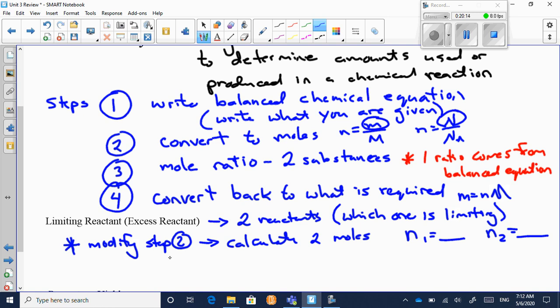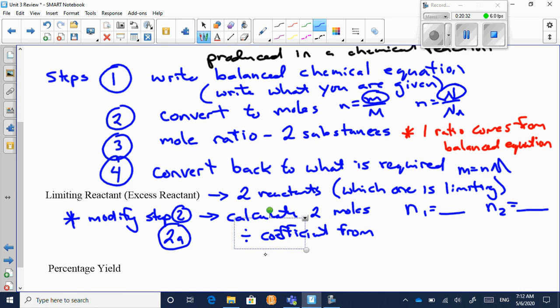But you've got to do what I call step 2A here, which is you then have to divide by the coefficient from the balanced equation, because that indicates how fast each of these are used up.